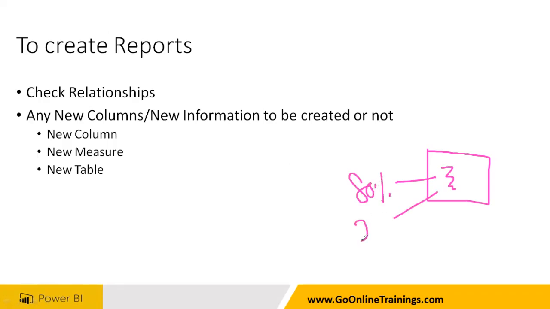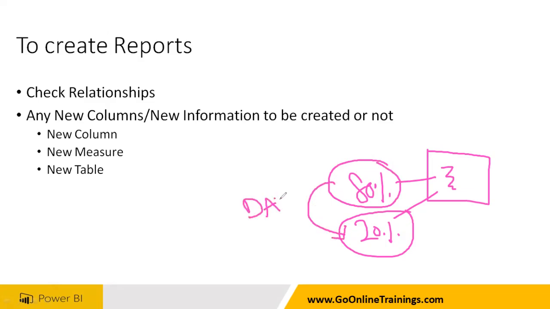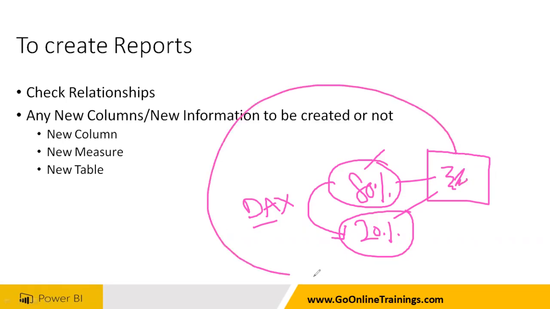For the remaining 20% of the report you have to create new information using the existing information. This can be achieved with the help of DAX, Data Analysis Expressions. So what I want is to take the existing data and, using it, create new information.